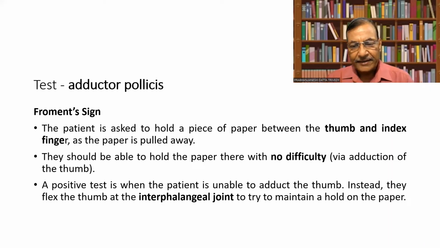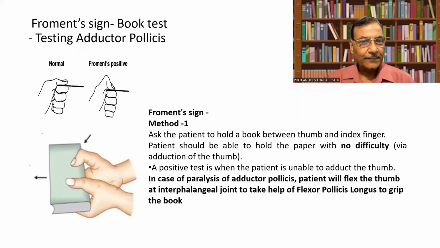Instead of adducting the thumb, they flex the thumb at the interphalangeal joint and try to maintain a hold on the paper. So while you are pulling the card or the piece of paper and the patient is flexing the interphalangeal joint of the thumb, it means it is a case of ulnar nerve injury. So this is how it is happening.